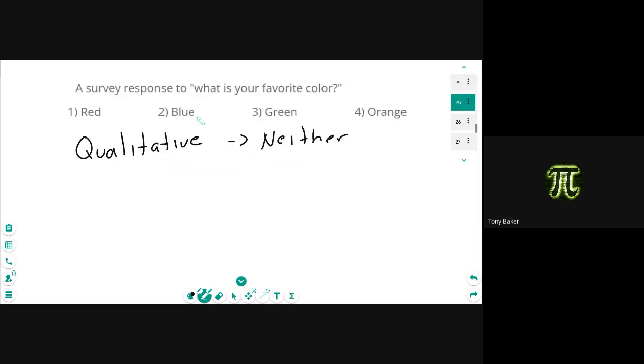Even though there's a 1, 2, 3, and 4 in front of those colors, red isn't 1, blue isn't 2. They're putting them there just because it's like multiple choice. So red, blue, green, and orange, putting them in order would mean nothing. So in this case, this is nominal. So don't get confused because there's numbers. Oh, I can put them in order because there's numbers. No. This is nominal.